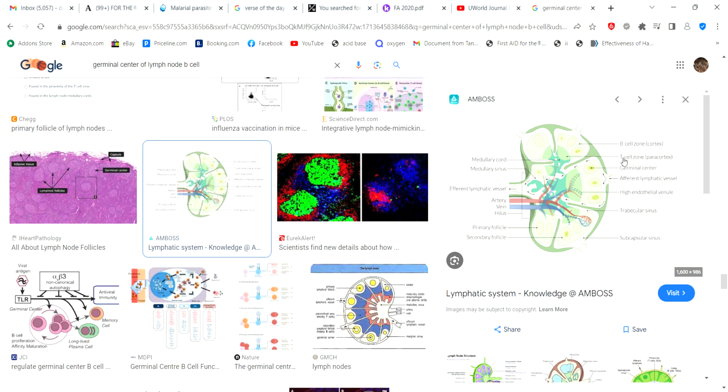Right here. So this is the paracortex right here. The T cells are normally there, and the T cells will be absent in the paracortex. Remember this one, B cells in the germinal centers will be absent in SCID.